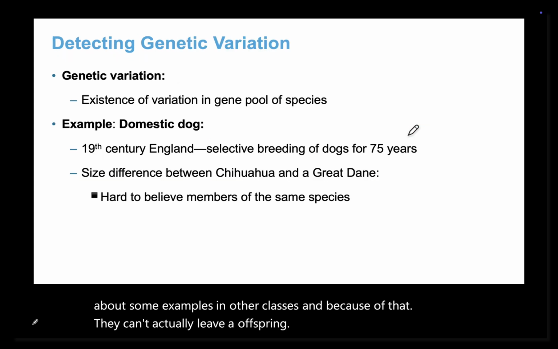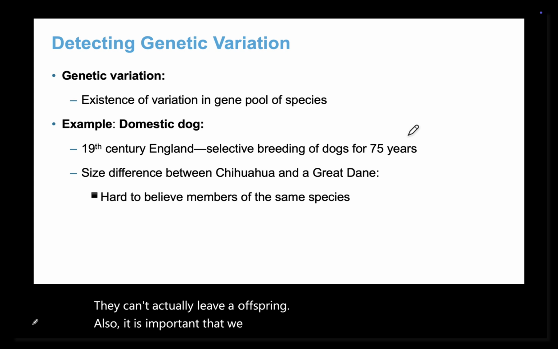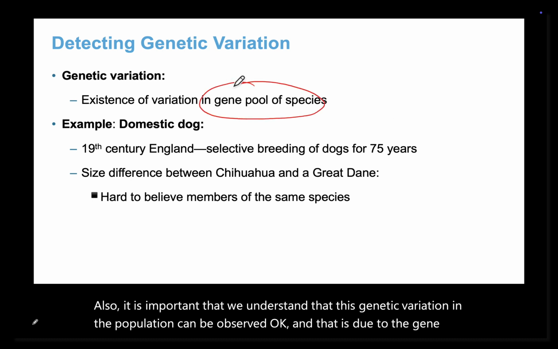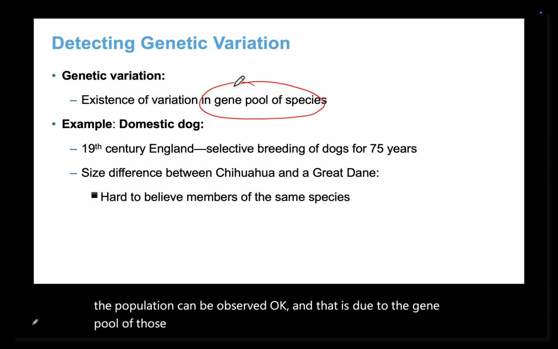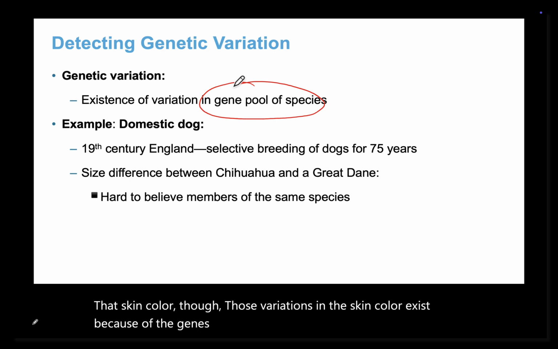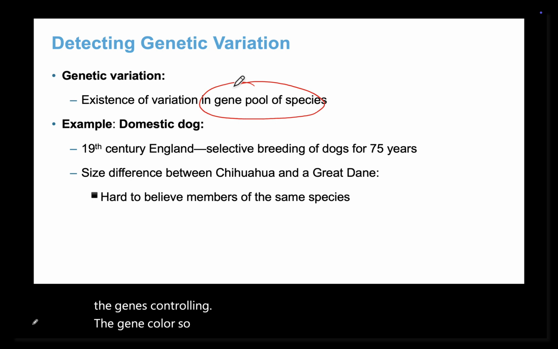Also, it is important that we understand that this genetic variation in the population can be observed, okay? And that is due to the gene pool of those species. Just like we think about the skin color in Homo sapiens, right? Those variations in skin color exist because of the genes controlling skin color. So there is a variation in the alleles controlling skin color.